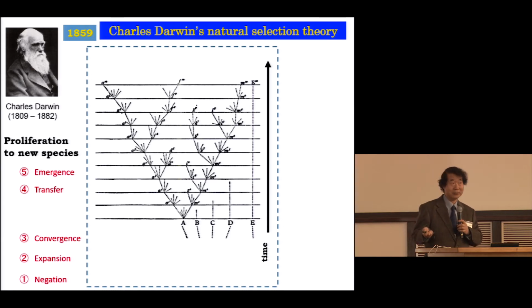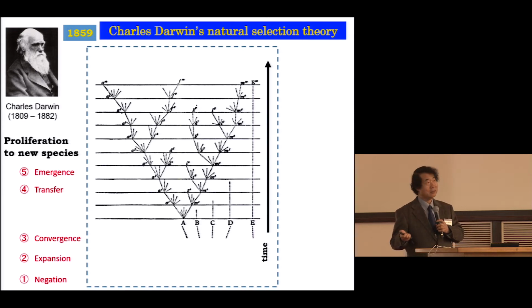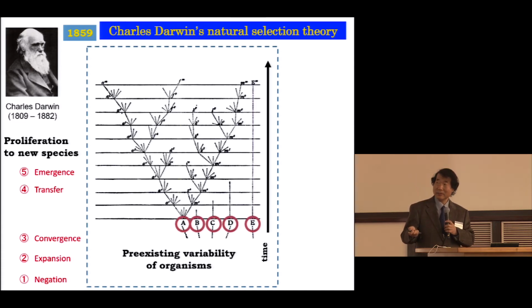What is negation? Darwin mentioned there is a possibility of mutation. As a mutation, there are different kinds of variability at the level of organisms. It means a sort of expansion.